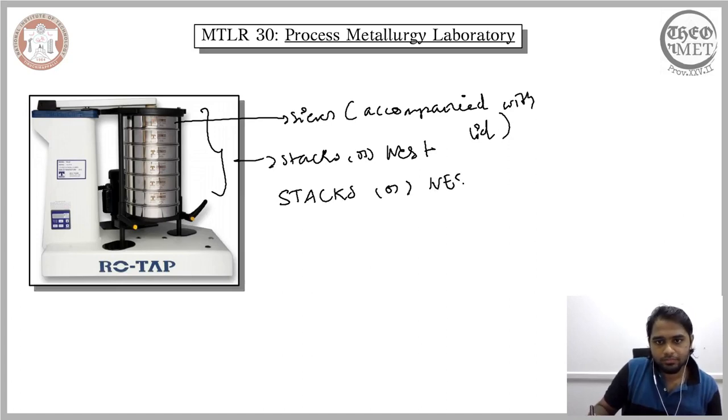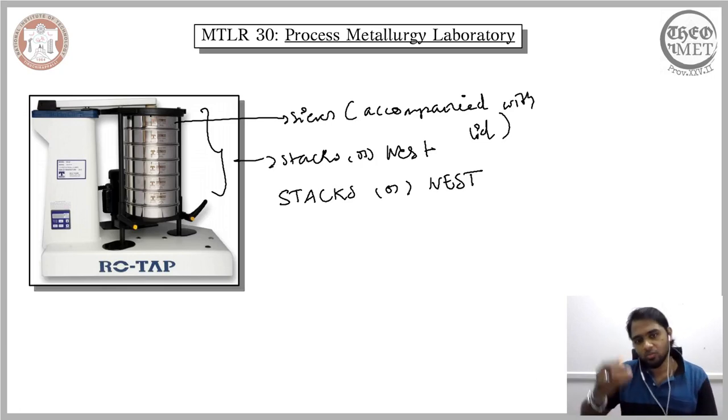So we have our individual sieve that is at the top. It is accompanied by a lid so that when you are agitating, the particles will not escape the sieve.